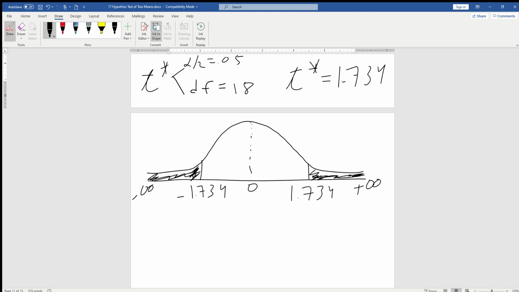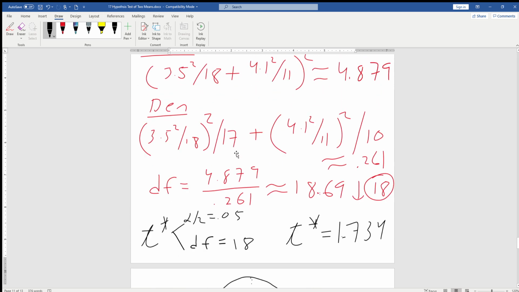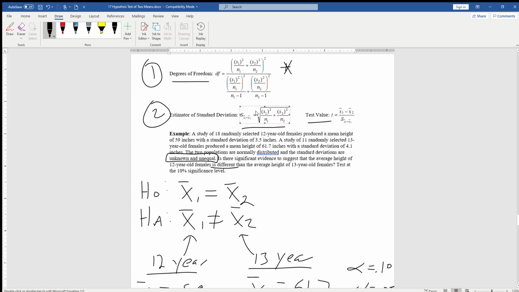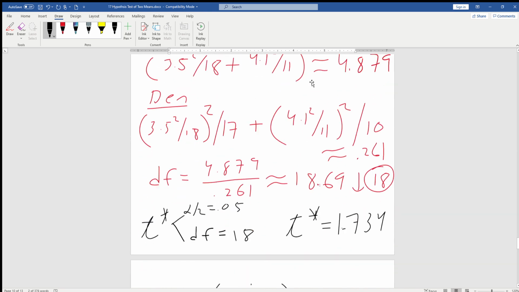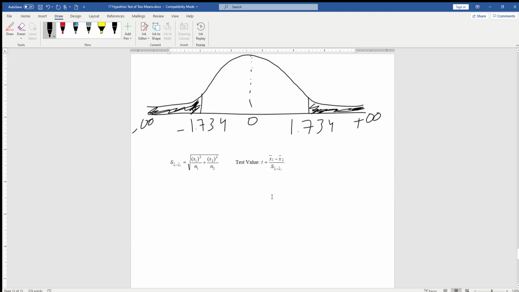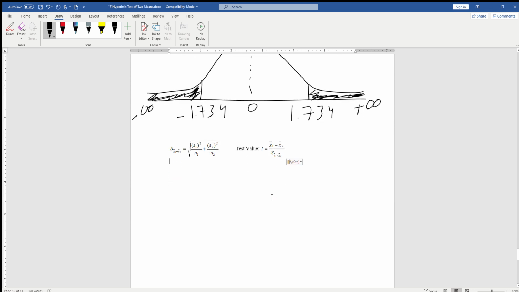Now we're going to compute the test value, and there are two formulas for the test value. So our first one is this one right here, and then we also have the test value, so I'm going to copy both of these so we can see how they work. First we're going to find s sub x bar 1 minus x bar 2.